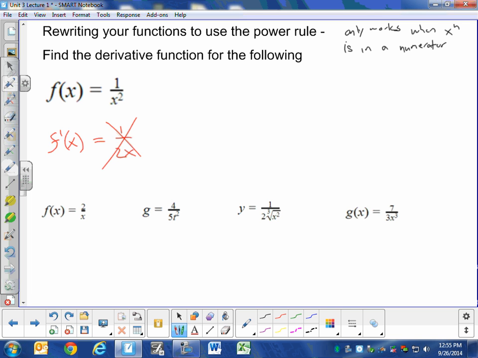Well, what can I do to 1 over x squared to put something in a numerator? Exactly. The rules of exponents say if I take a negative exponent, it'd be the reciprocal of the positive exponent. So if I have x squared in the denominator, that's the same as x to the negative second in the numerator.